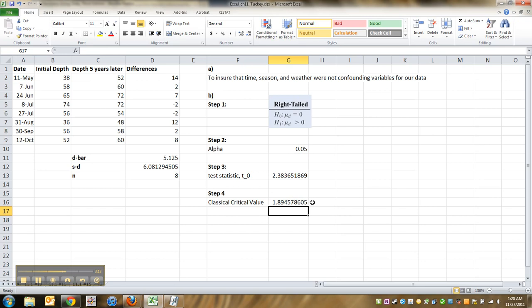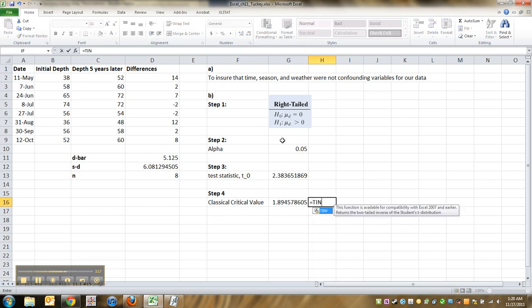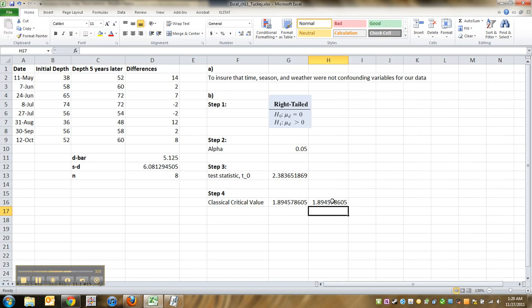Now, old school Excel, you've got to do T inverse. You've got to multiply it by 2 because T inverse in old school Excel is always two-tailed. Then you tell it degrees of freedom, which is 8 minus 1. Okay, there we go. The good news for that one is that it always gives you the positive one, which is bad for left-tailed tests, but good for right-tailed tests. All right, so you can see we're going to reject, right?